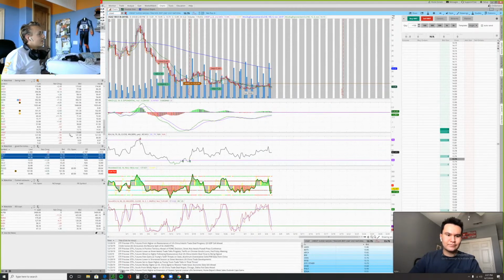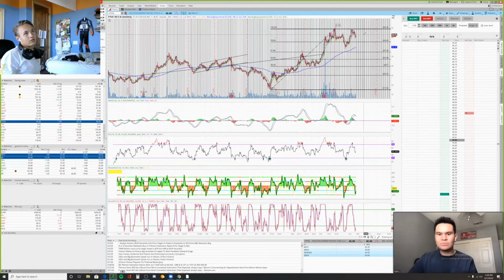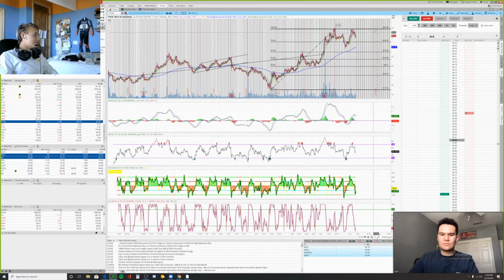Where is the Peloton? Very, very good. A solid upward trend. Set your alerts for 46.53 because it's just a decent stock.